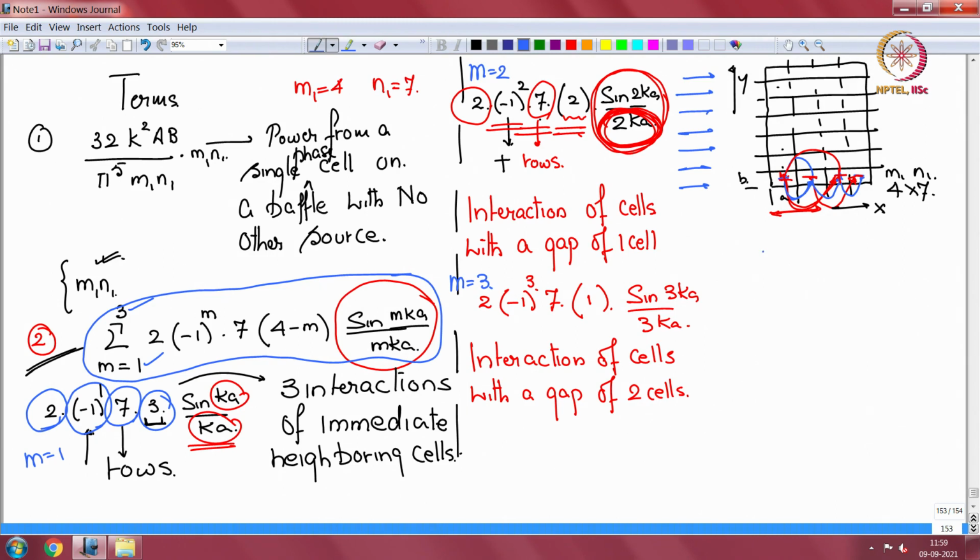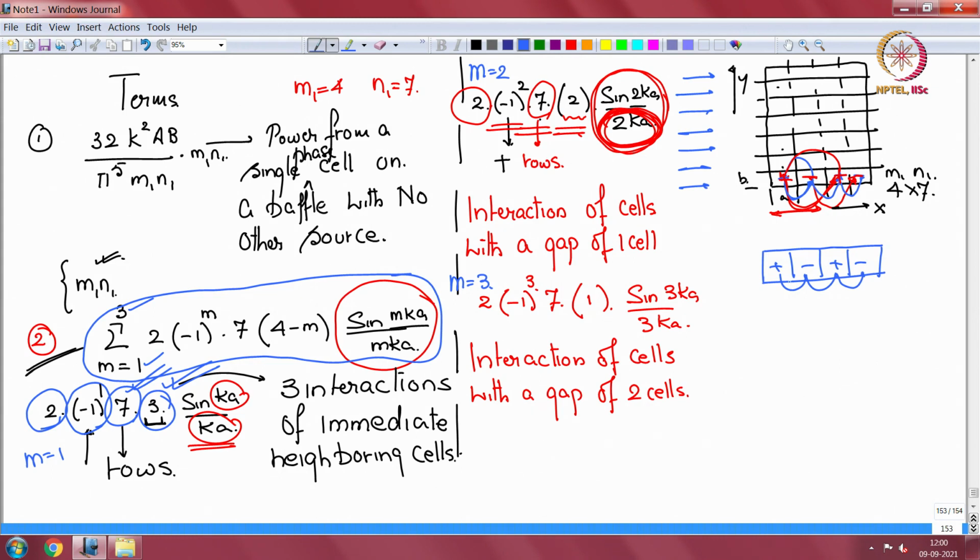For example, if I redraw, m equal to 1 demonstrates interaction of these two, and these two. There are 3 such interactions, and 7 for 7 rows. The minus because these are alternating in sign, and 2 because there are 2 cells involved.